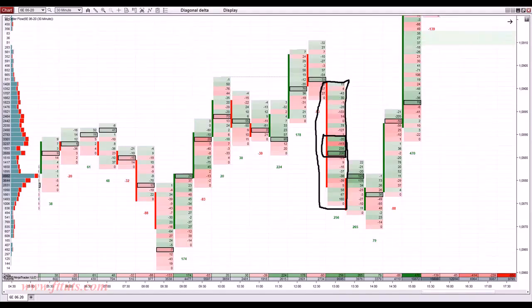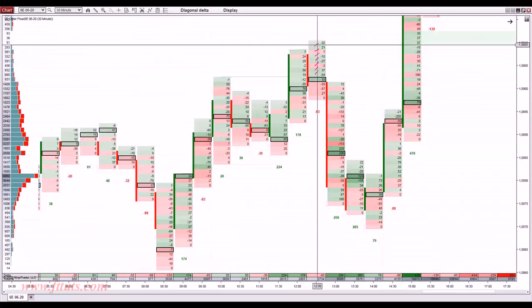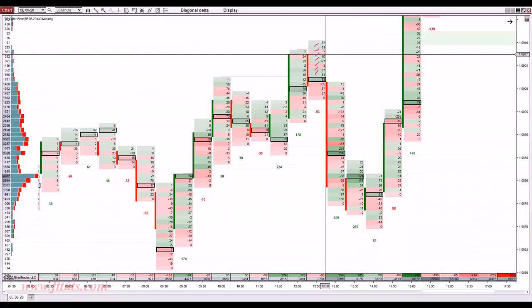And also there is another setting which is diagonal delta, and this is probably more useful than the delta, because the diagonal delta compares those two numbers. That's how it actually should be compared, like diagonally. Alright, so that's why it's called diagonal delta. It compares those two numbers and it gives you the result.